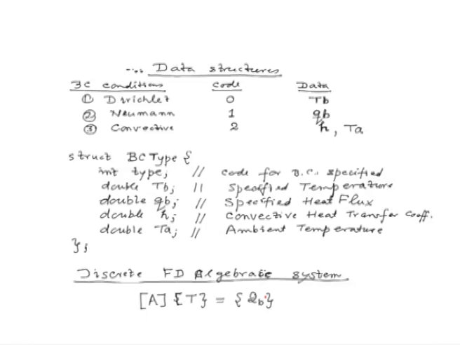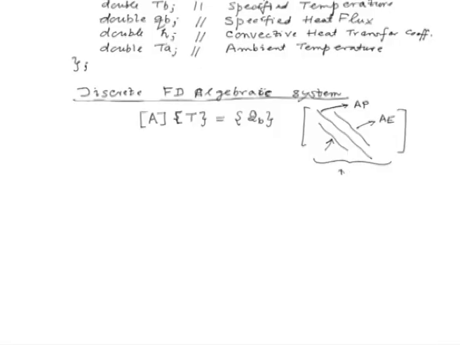Now remember, this A was given for 1D problem. This A has got a tri-diagonal structure. There are only 3 diagonals in A which are non-zero, and for the main diagonal we had used the symbol AP. For the upper diagonal, which corresponds to the node I plus 1, we have used the symbol AE, and for the lower diagonal, this is our matrix, this stands for the collection of the coefficients, for which we have used the symbol AW.